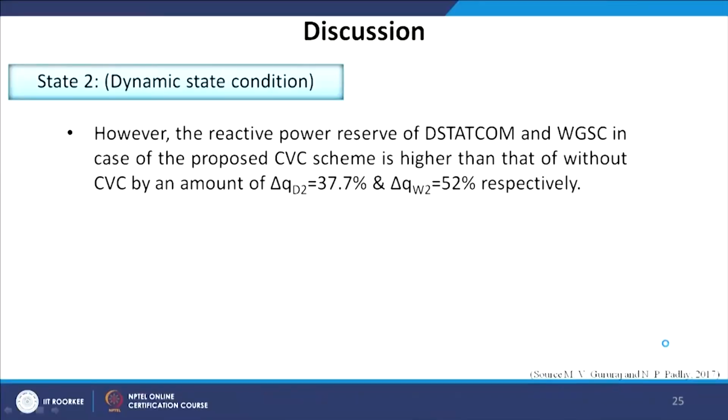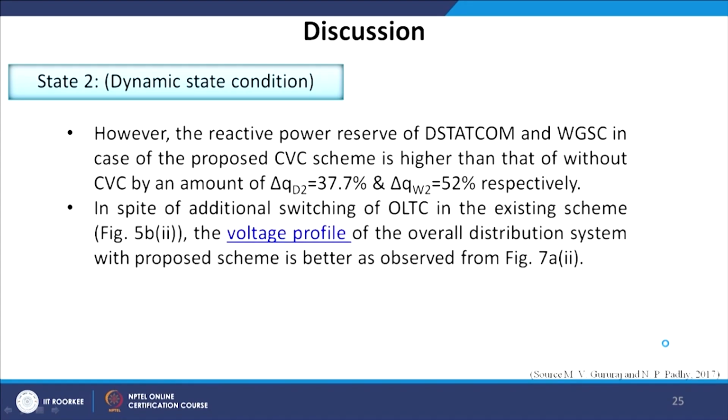However, the reactive power reserve of D-STATCOM and WGSC in case of the proposed CBC scheme is higher than that of without CBC by an amount of 37.7% and 52% respectively for the D-STATCOM and wind generators. In spite of additional switching of OLTC in the existing scheme, the voltage profile of the overall distribution system with the proposed scheme is better, which has been observed in the previous pictures.